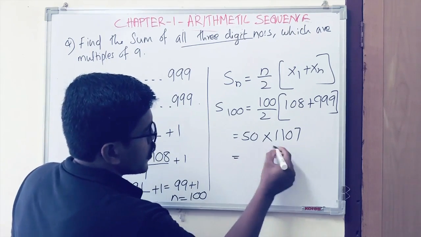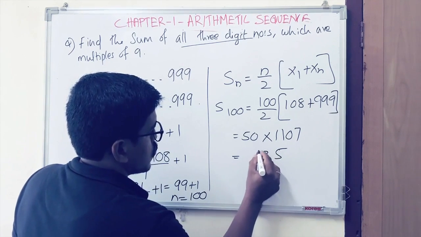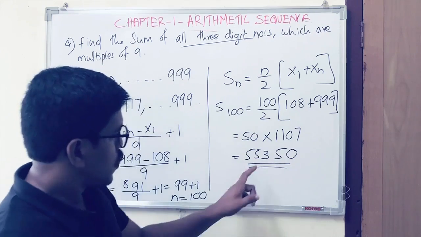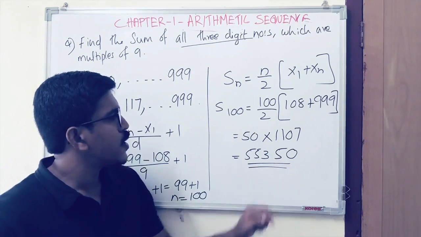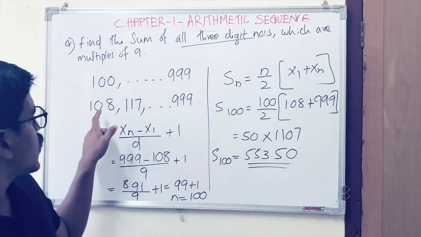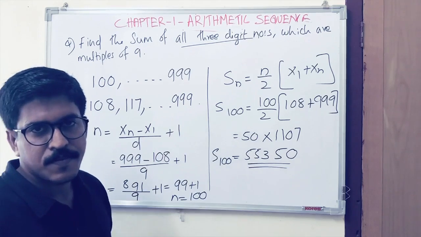So if I am multiplying this, 55,350 is the sum of 100 terms starting from 108 till 999.